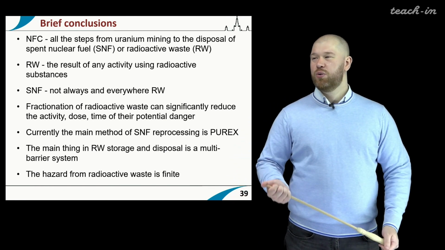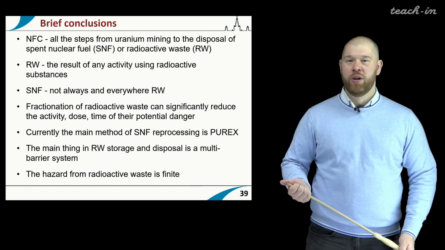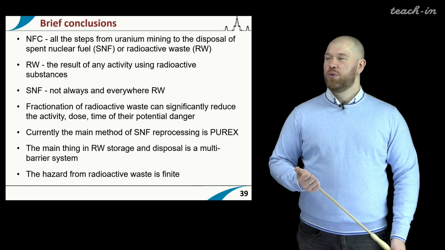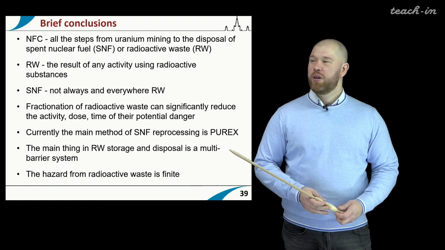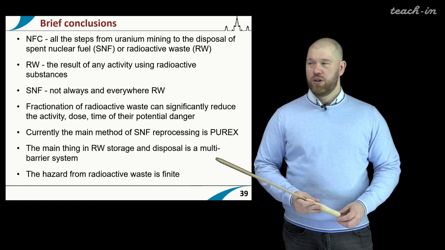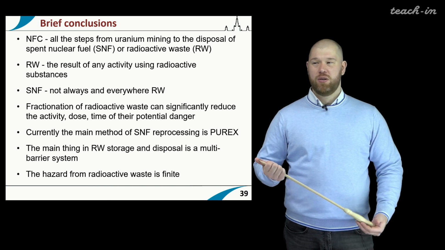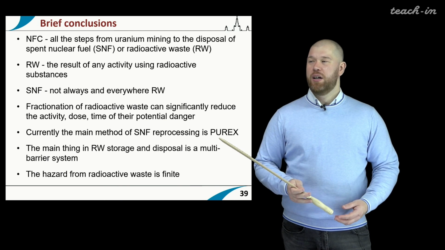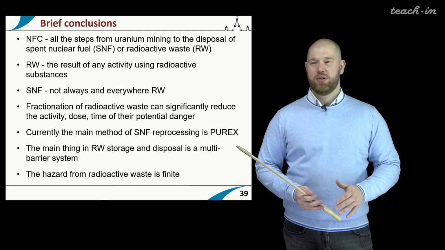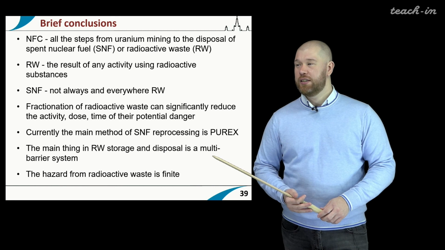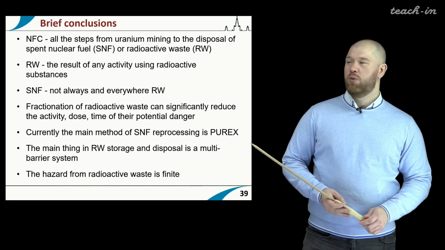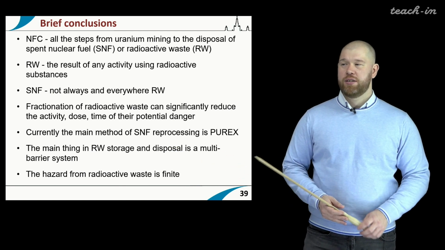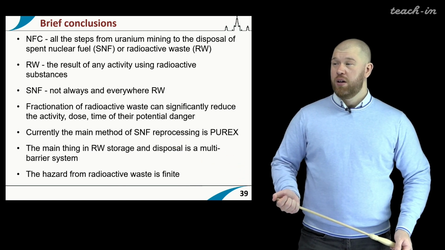For closed nuclear fuel cycles, spent nuclear fuel is a very valuable source of uranium and plutonium. Fractionation of radioactive waste and reprocessing of spent nuclear fuel can significantly reduce the long-term radiotoxicity of our waste. And currently, the main method for reprocessing is the Purex process.